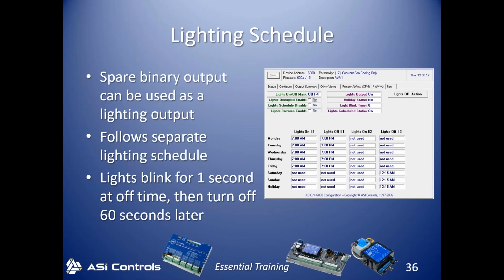And that's just sort of a warning in case there's not good emergency lighting. The blink is intended to say, hey, the light's going to get dark in a minute. So either go push the override button if you have lights occupied enable, or leave the building if you don't want to get stuck in the dark. And so it's really meant for interior lighting. Exterior lighting, you wouldn't want the blinking of the lights to occur.